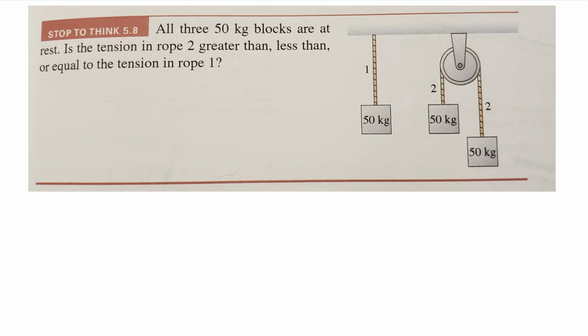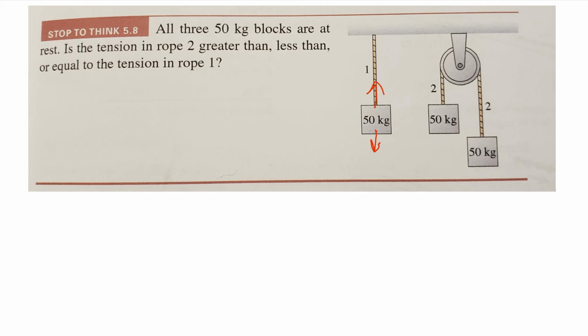All right, if you were to think about this in terms of vectors, which is what you should always be thinking, free body diagram for rope 1, we would have 50 kilograms, so we'd have an mg down, which means we'd have a tension force equal to that up.